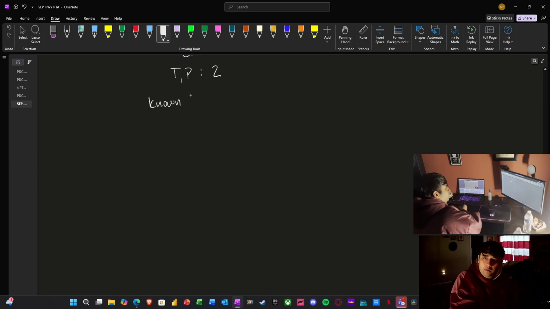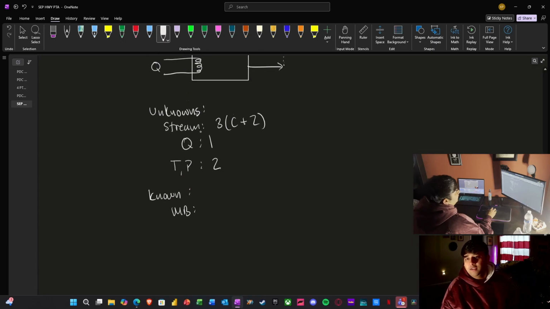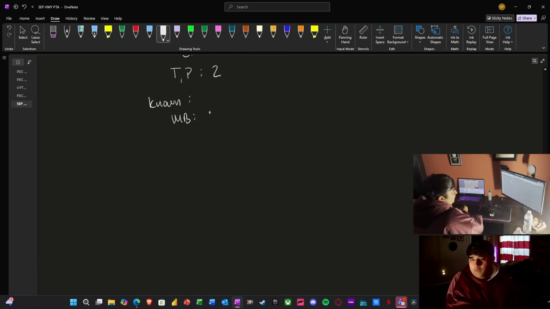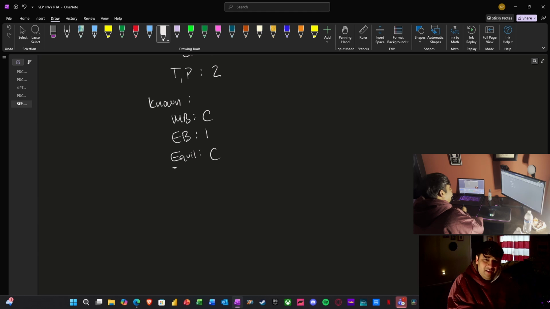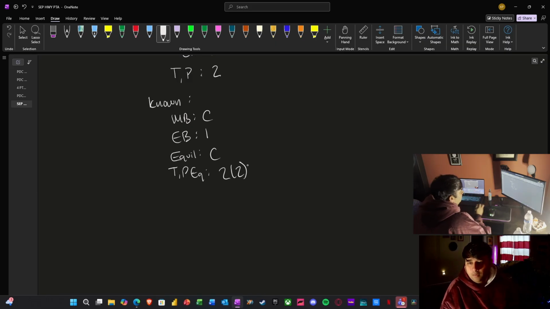Now for known, our material balance is going to be C. Energy balance is 1. Our equilibrium is C. And then our TP equality is going to be 2 times 2.